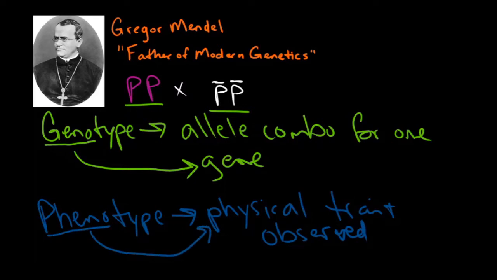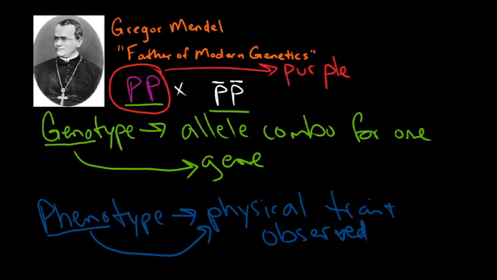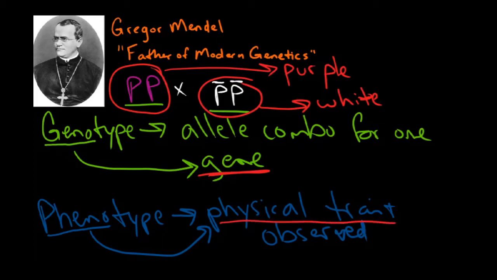So phenotype is the actual trait. If the genotype is big P, the phenotype will be purple. If the genotype is little p, the phenotype will be white. So again, genotype is the gene, phenotype is the physical trait.